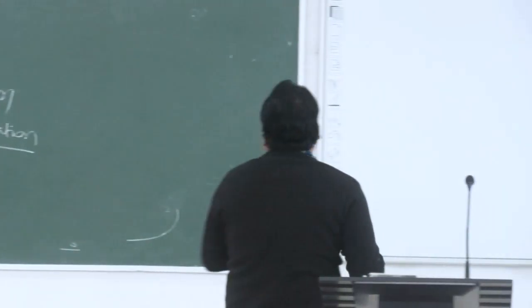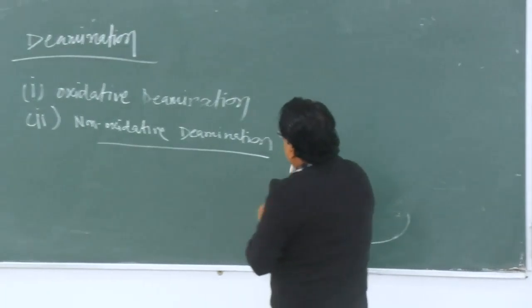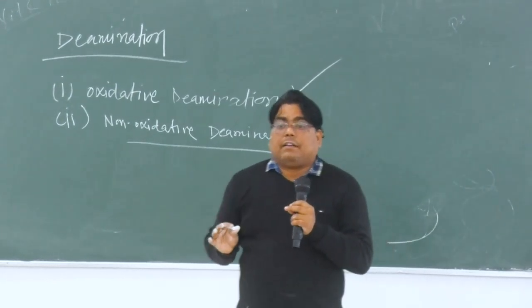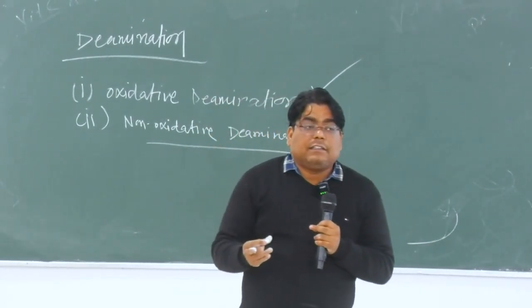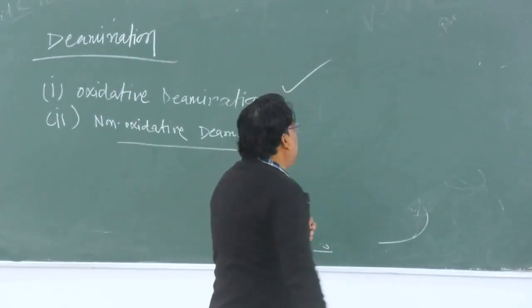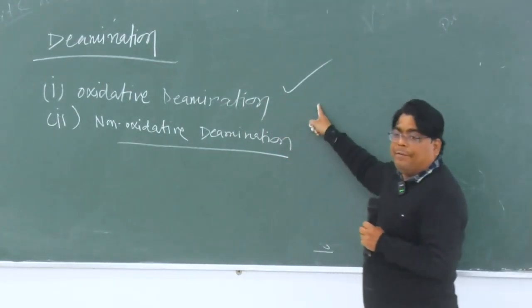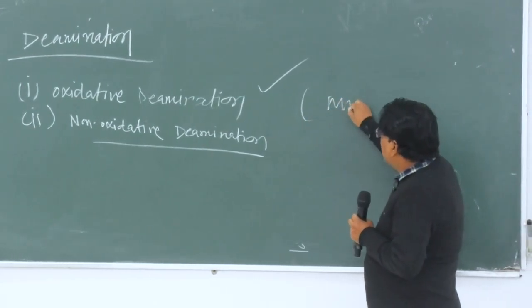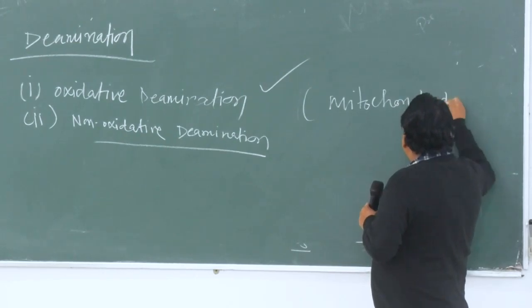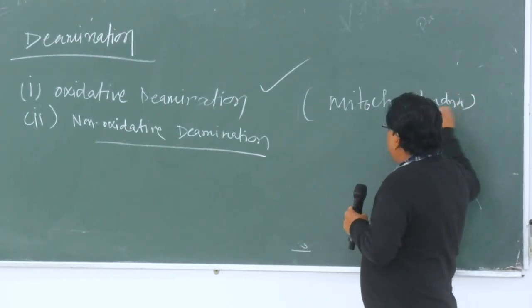It is a two-step process. The first one is oxidative deamination, which means oxidation occurs. Where does oxidation occur? In the mitochondria. The site of oxidative deamination is the mitochondria.